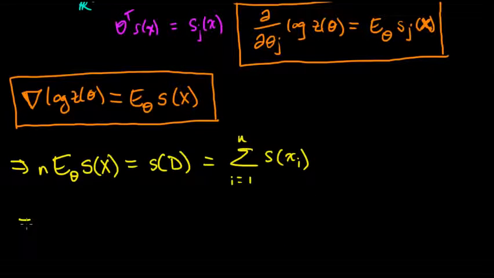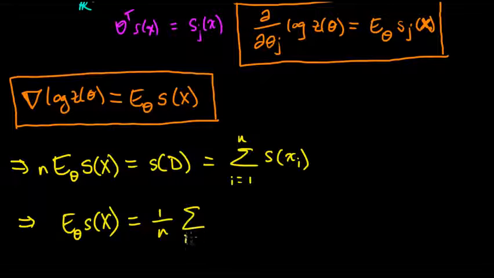And we get that the expected sufficient statistics equals 1 over n times the sum from 1 to n of s of x_i. So this is just the sample mean, right? This is the average of the s of x_i's. Very natural interpretation.